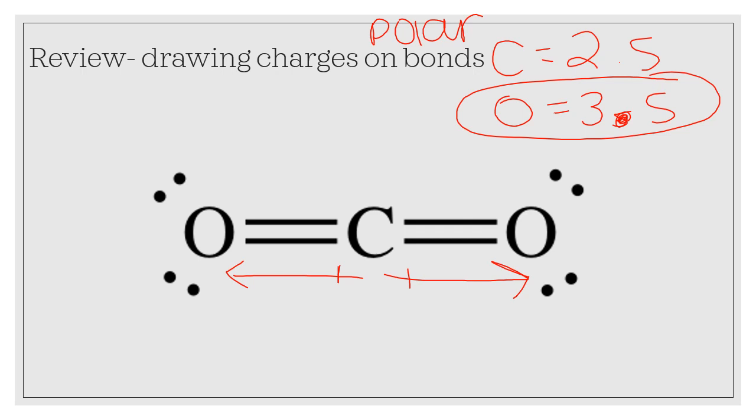That's all we would do. So that, or those little symbols. Again, oxygen's more electronegative, so it gets the partial negative, and carbon gets the partial positive. And so that's how we draw the charges for CO2. So this has 2 polar bonds.